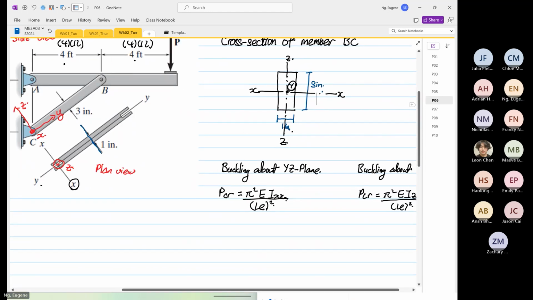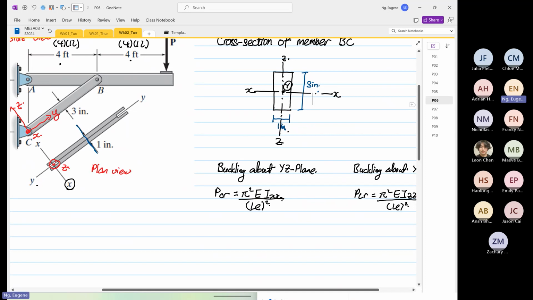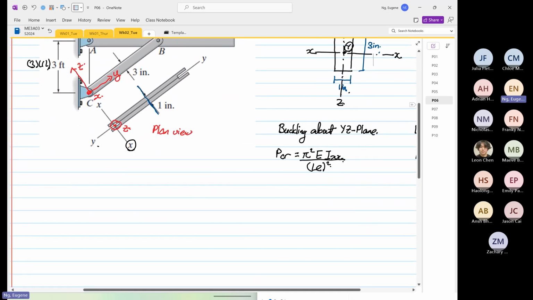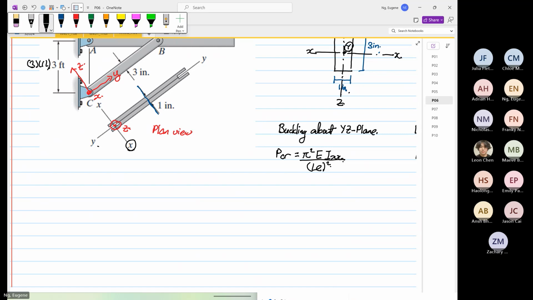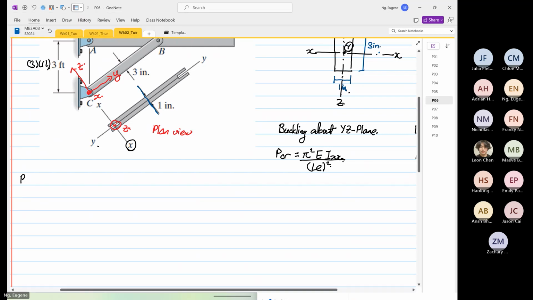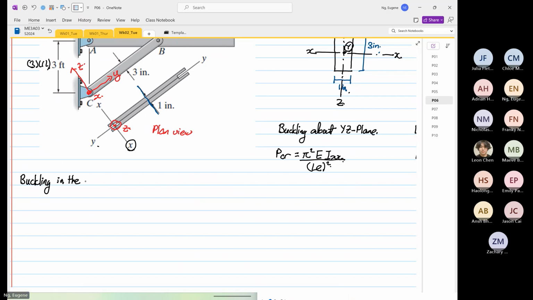Okay. So the next thing we are going to focus on is buckling in the YZ plane.